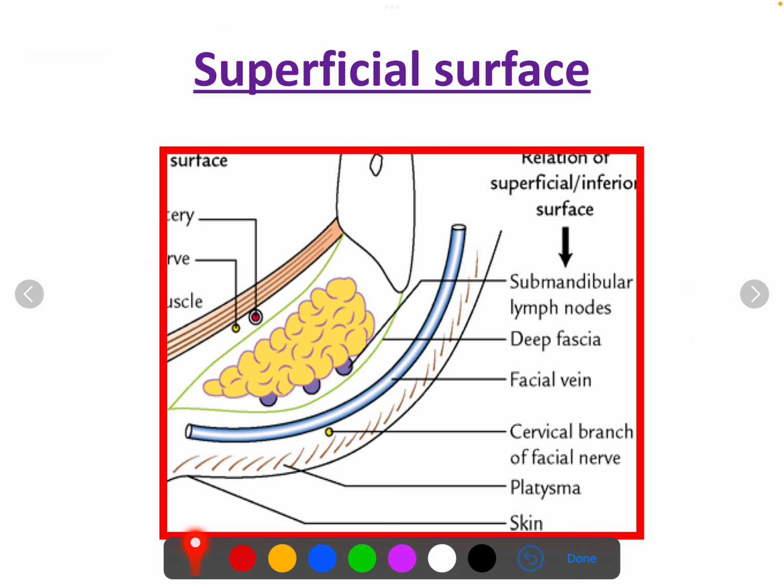Then the superficial surface is related, first of all, to the skin. Just below the skin there is a superficial fascia that contains the platysma and the cervical and marginal mandibular branches of the facial nerve. The investing layer of deep cervical fascia is also present, and it also contains the facial vein, and submandibular lymph nodes are also present.